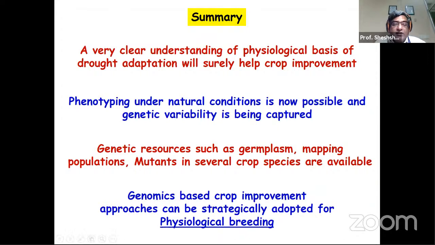Yeah, that's the facility that we have there, where the water used by the plant can be very accurately measured.